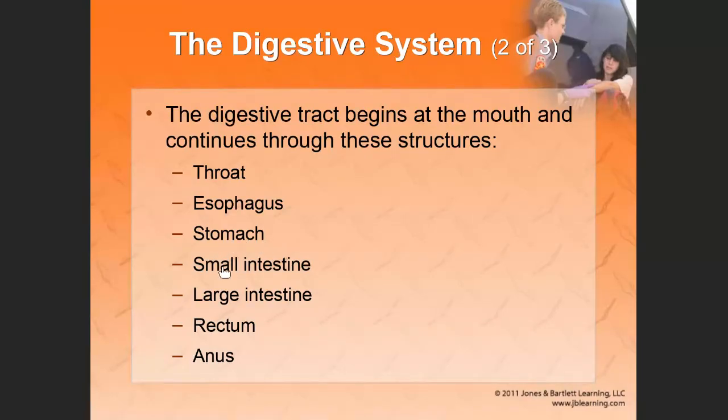When it goes to the small intestine, the majority of the water and nutrients will be absorbed. When it goes to the large intestine, whatever water is left is absorbed, and then we start to get stool forming, goes down to the rectum, then it leaves via the anus.